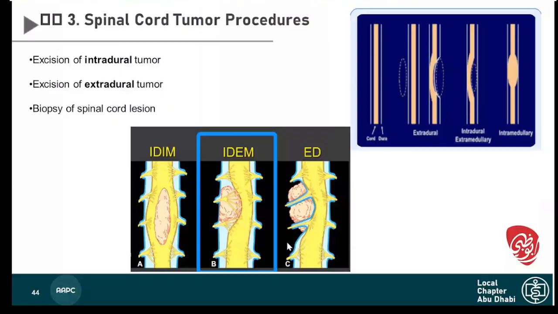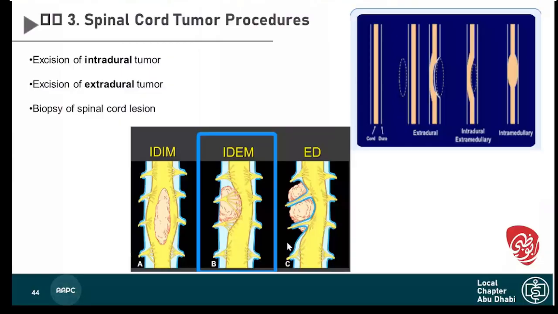Extradural tumor means outside the dura mater. We all know that the spinal cord has a protective covering, and the outermost covering is called the dura mater. So outside the dura, but within the spinal canal, is the epidural space. So if a patient develops a tumor outside the dura mater, it is called an extradural tumor.